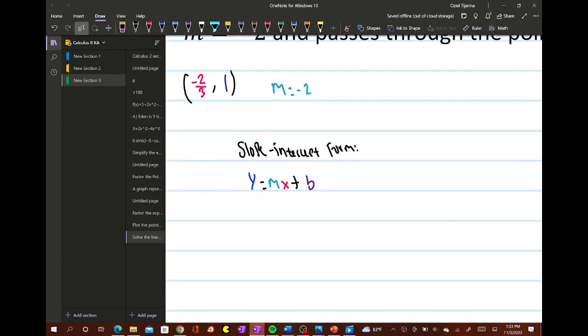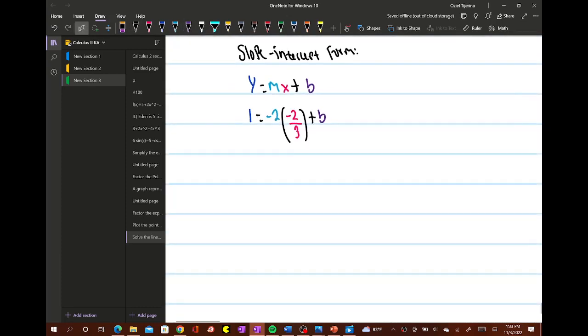Okay, so we can say that 1 is equal to -2 times -2/3 plus b. Now, this is equal to 1 equals -2 times -2 is 4, so 4/3 plus b.